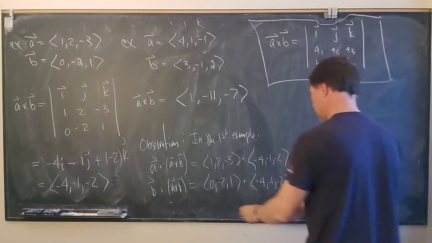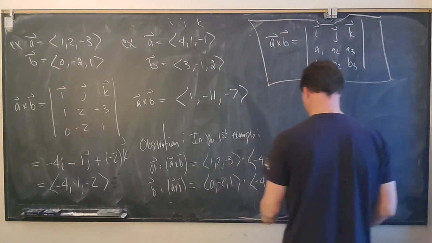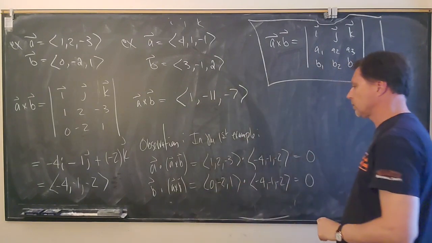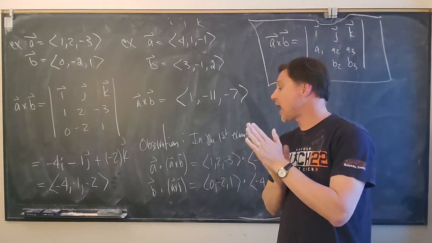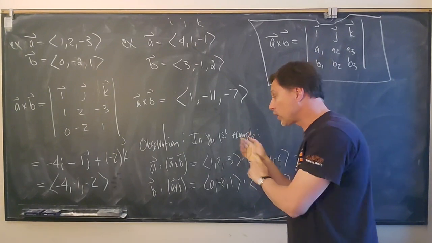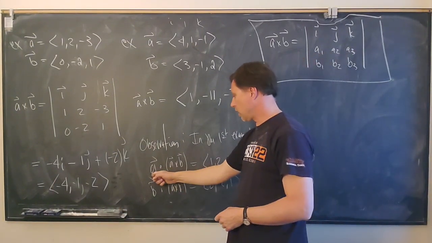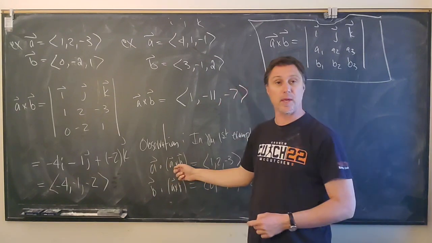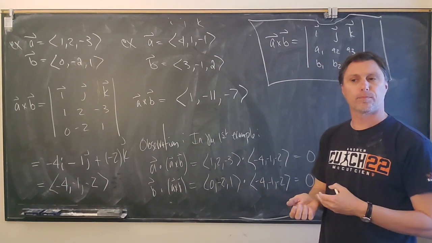It gives me 0 plus 2 minus 2. It gives me 0 also. Now, last time we recognized that when you get a dot product equal to 0, we say the vectors are orthogonal. So what you want to notice from this first example is that A is orthogonal to A cross B, and B is orthogonal to A cross B.